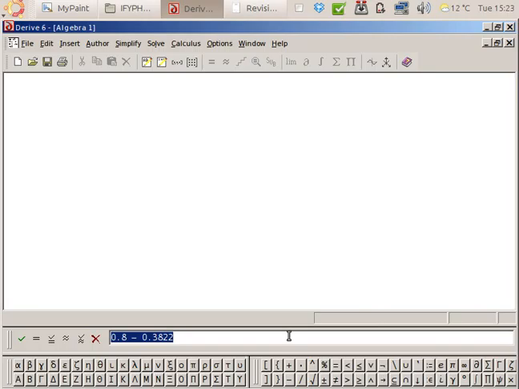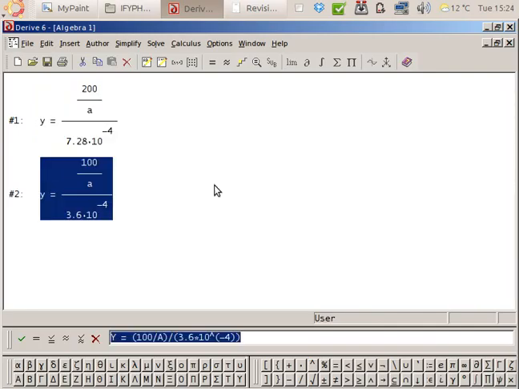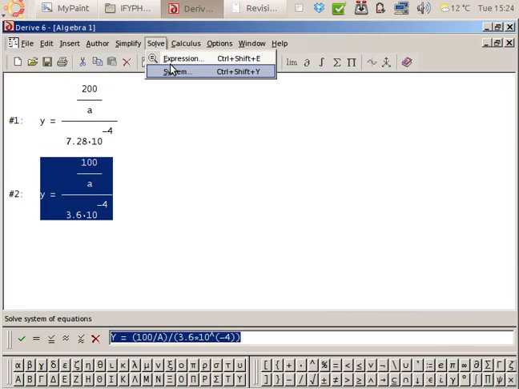Young's modulus equals 200 over A, over 7.28 times 10 to the minus 4. Okay, and the second equation? 100 over A, over 3.6 times 10 to the minus 4. So, solving those two like linear elimination.